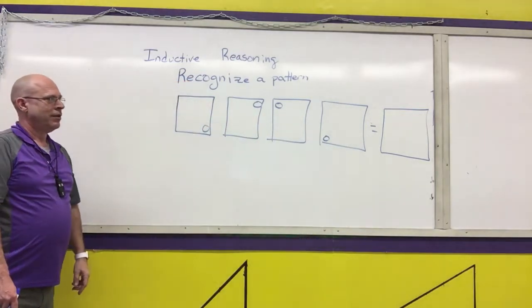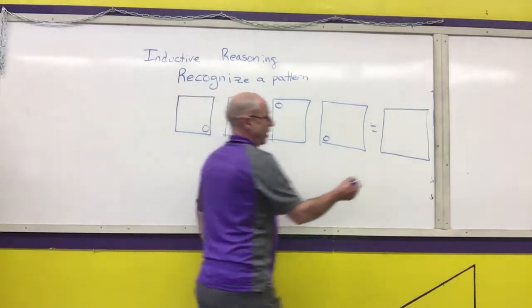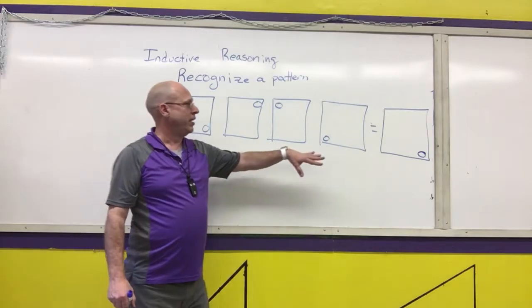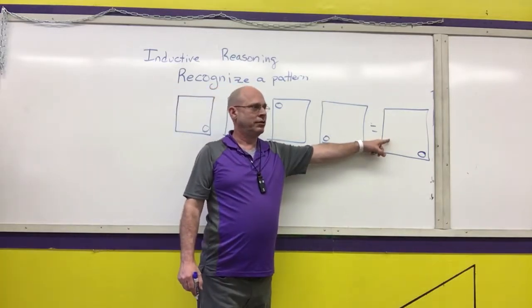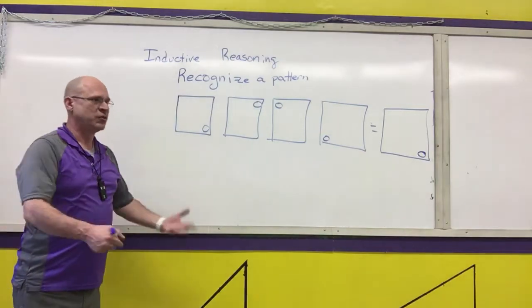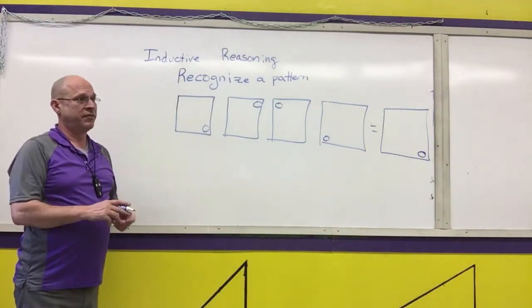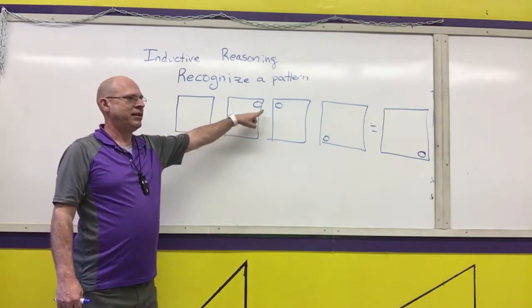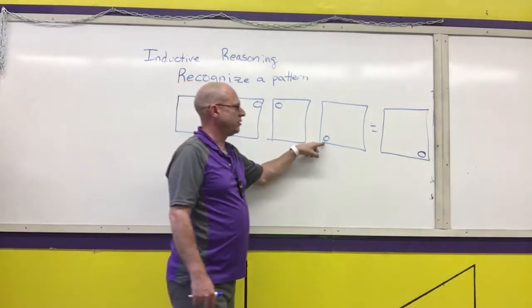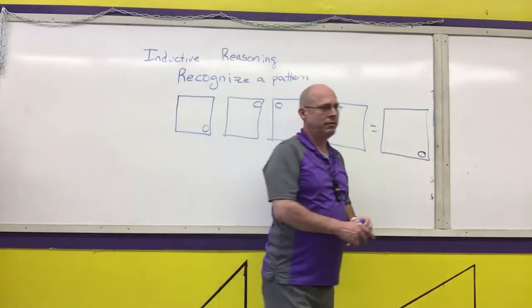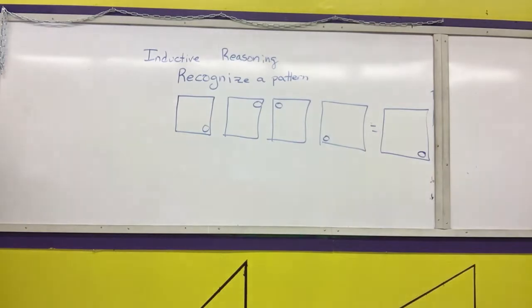It's going to have a dot in the bottom right-hand corner. Okay? What you just did, Ben, was you made a conjecture. Basically, a conjecture is looking at previous patterns and trying to guess what something's going to be based off of that pattern. So he saw it started here, and then it rotated counterclockwise 90 degrees in between successive items. So his next one put it in the bottom right-hand corner.